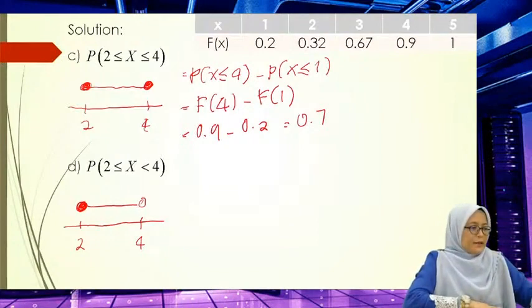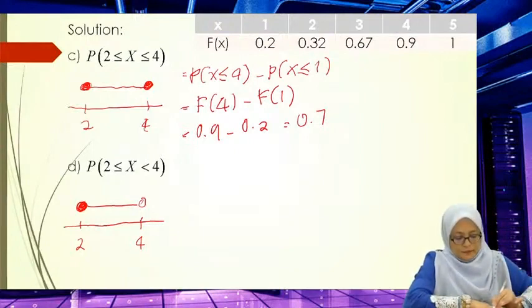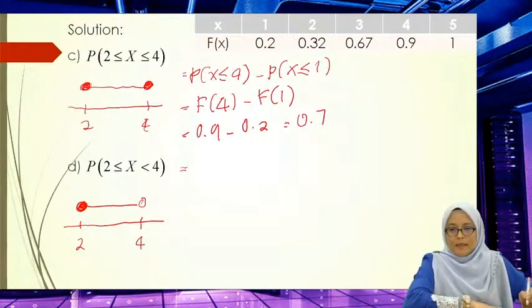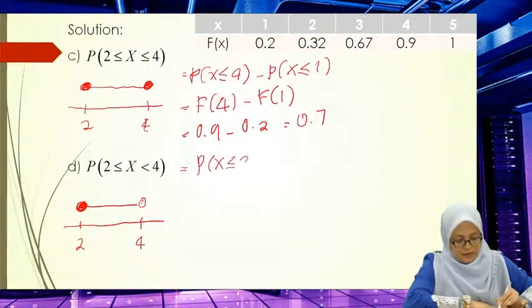Okay, so for next question, D. Okay, so apa kita punya formula? Okay, so dari sebelah kanan you ada empty circle at 4. Means that kita tak boleh ambil nilai 4 sebab 4 is not include in your number line. So kita akan start ambil nilai probability X less than or equal 3.